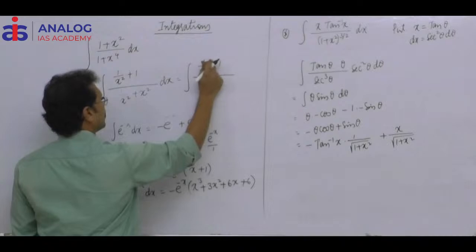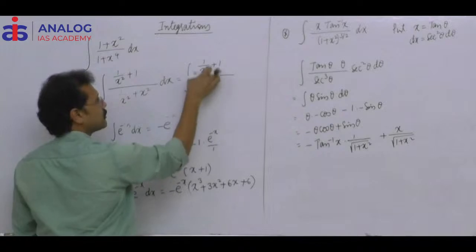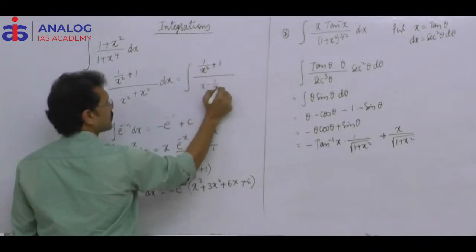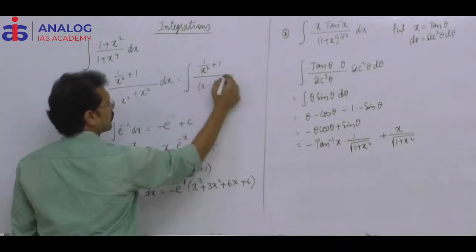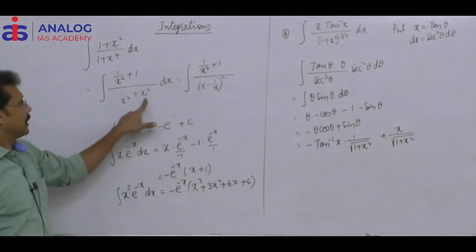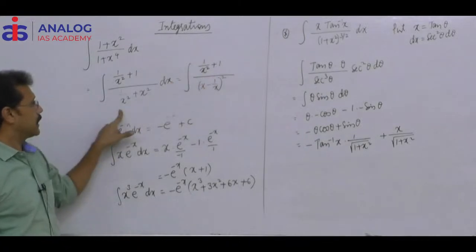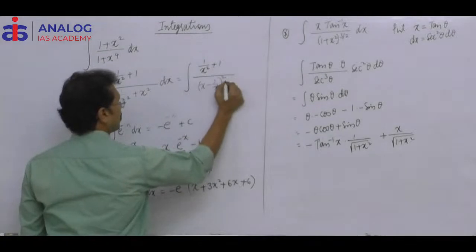The integration of this I am looking at. Of course, the term which on differentiation gives me this one is x minus 1 by x, 1 plus 1 by x square. Now x square plus 1 by x whole square minus 2, so I'll put plus 2.